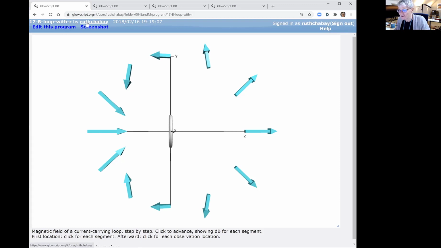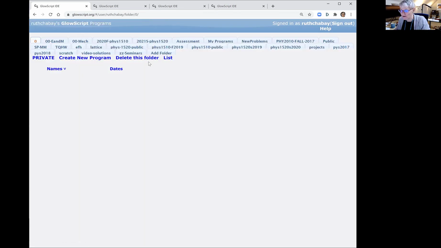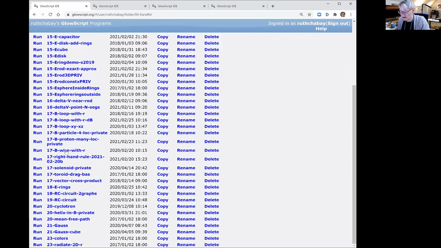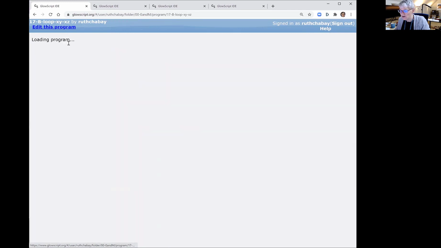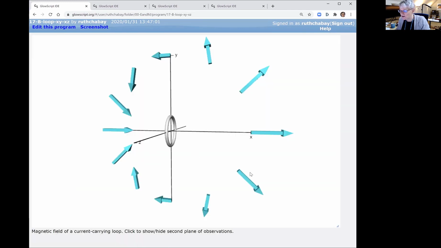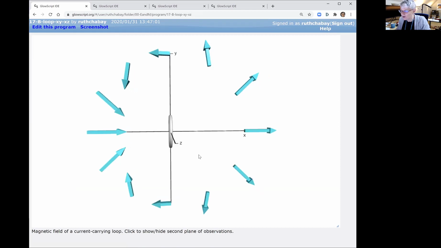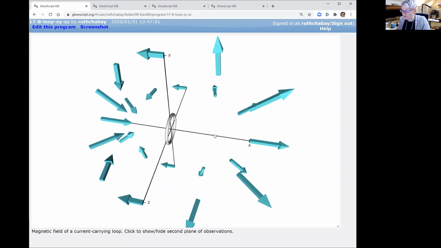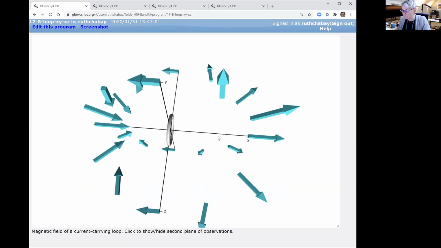And of course, this is a slice through the field. So that's in one plane, but if we do it in another plane, we get the same pattern.